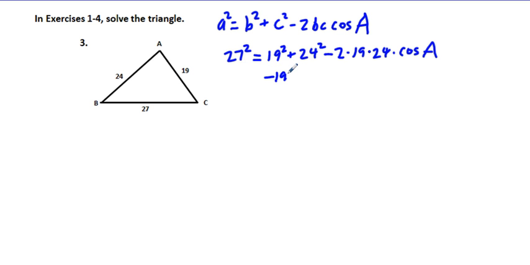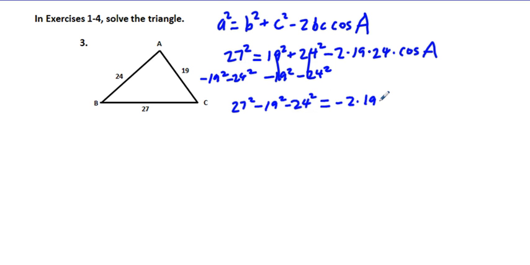We have cancellation here. So we have 27 squared minus 19 squared minus 24 squared equals negative 2 times 19 times 24 times cosine angle A.